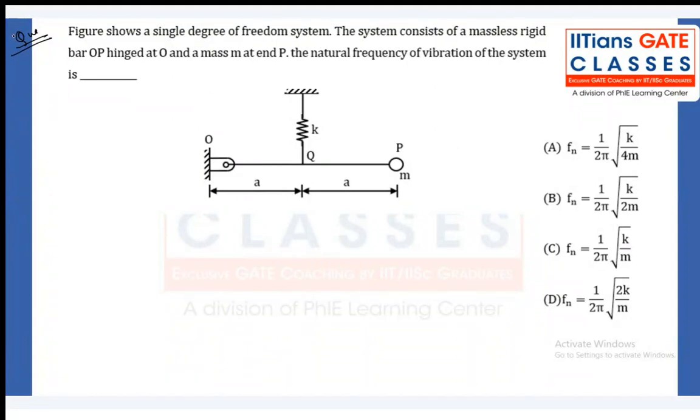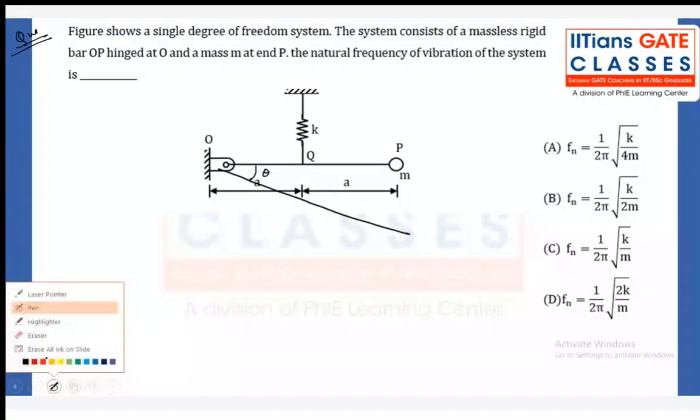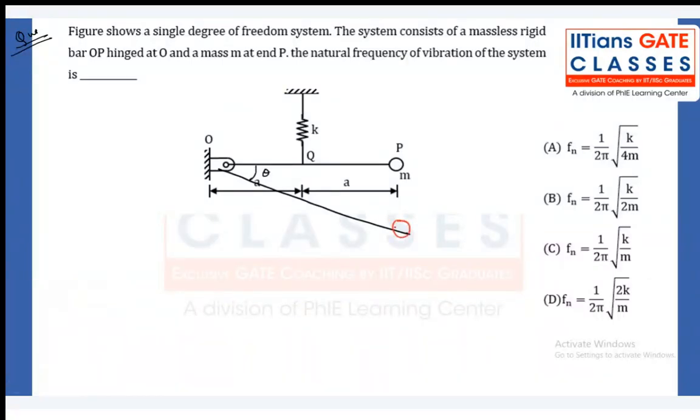Now, my dear friend, here the mass is there. What I'm doing is disturbing it by the angle theta. If I disturb it by the angle theta, the mass will come here. It will be displaced by the amount x, and the spring will be displaced by the amount x spring.